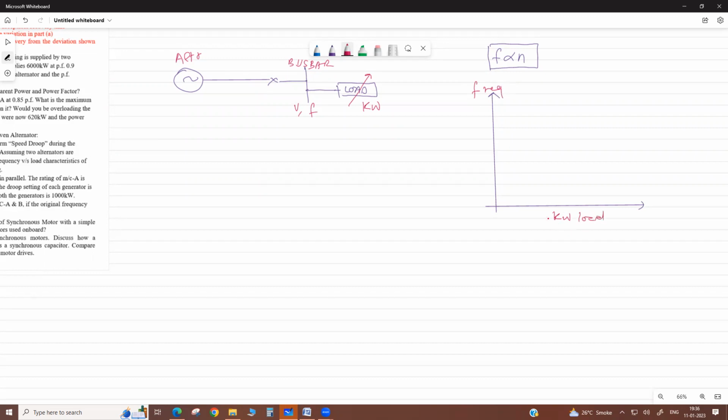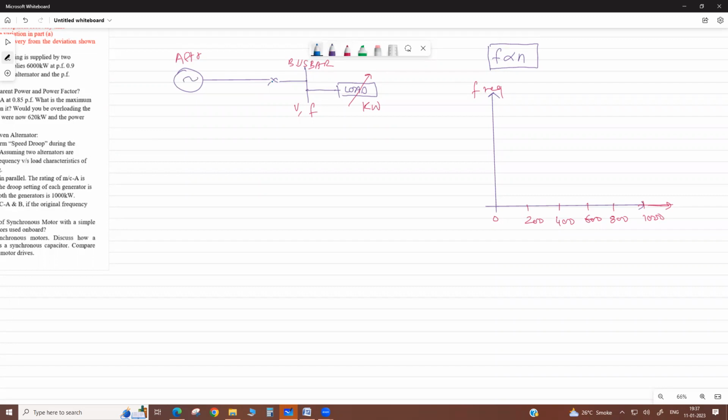This is the kilowatt load. Here 0 kilowatt load, then 200 kilowatt, 400, 600, 800, then 1000 kilowatt. Suppose the 1000 kilowatt rating is the maximum, full load.